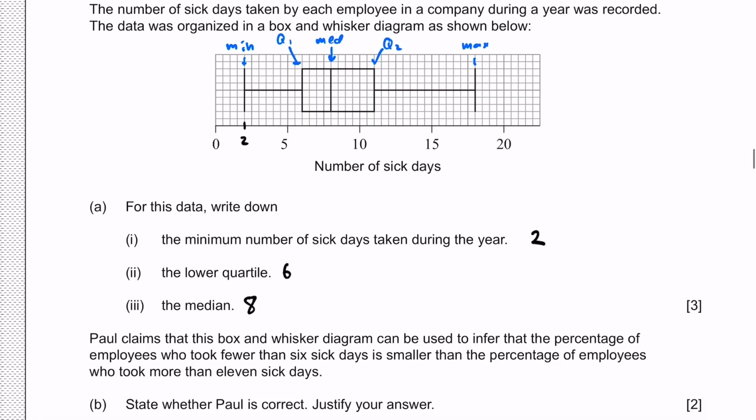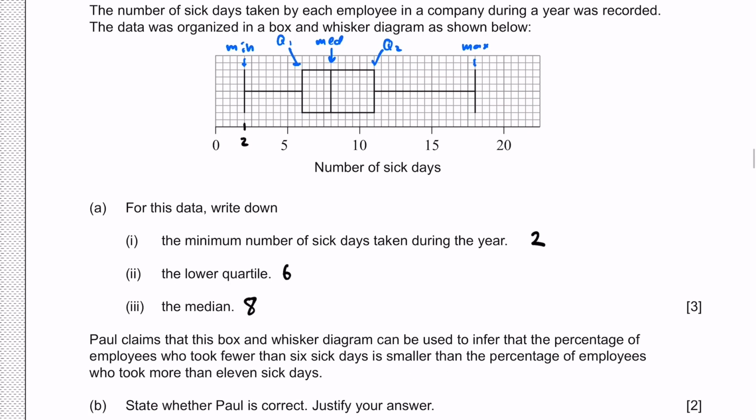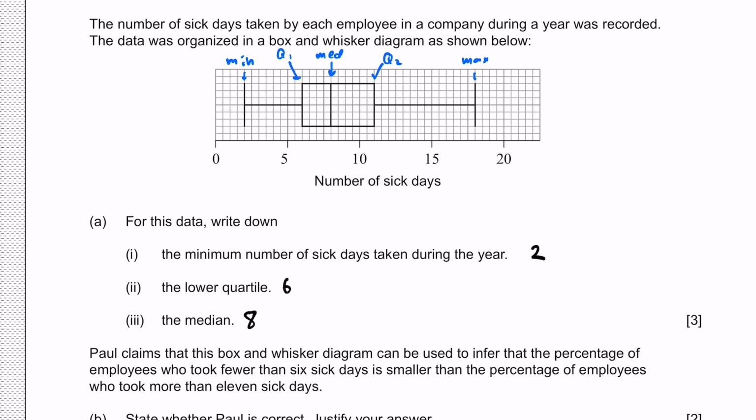Paul is saying that the percentage of those who took fewer than 6 sick days is smaller than the percentage of employees who took more than 11. This is a common misunderstanding, I suppose, of a box and whisker diagram. Because if we look at this, these are the people who took fewer than 6 sick days, and the people who took more than 11 sick days are gathered within here.